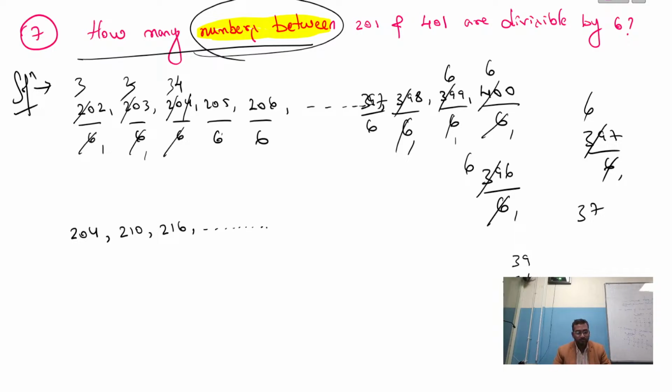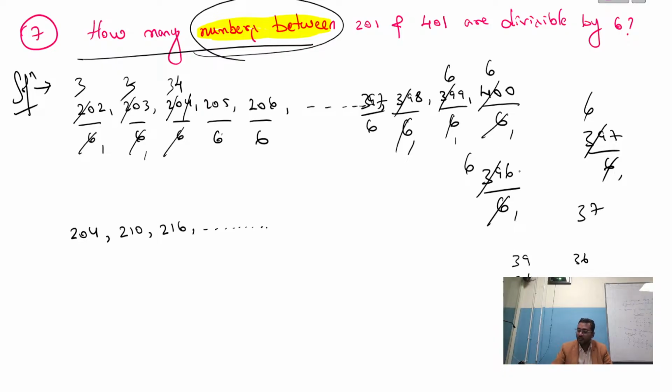Quick. Tell me the answer. How much is 39 minus 36? What is the answer, children? Comment here. What is the value of 39 minus 36? How much? 3.